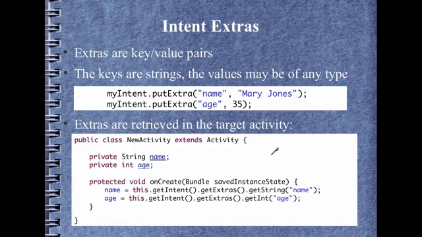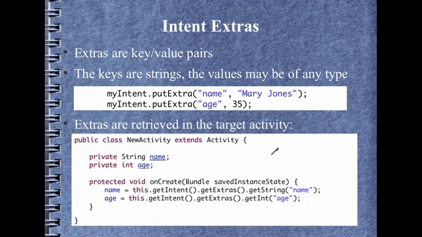So what about these intent extras? Well, these extras are key value pairs. Now, don't get all hung up on what a key value pair is. They have a key, which is a string, and they have a value, which can be of any type. So the keys are strings, the values can be of any type. We can put an extra into myIntent. We have an extra called name. We have an extra called age.